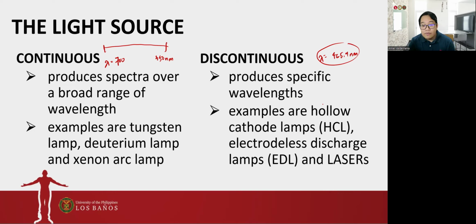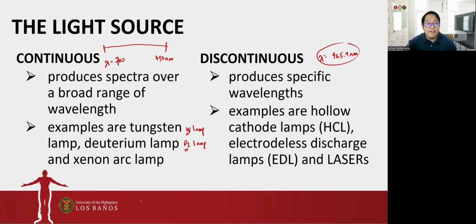In our UV-Vis, we do not use the HCL. In UV-Vis, we use the tungsten lamp, or the W lamp, since W is for tungsten. Then we have the deuterium lamp, or the D2 lamp. In our exercise, we will see the tungsten and deuterium lamps when we do our experiment.